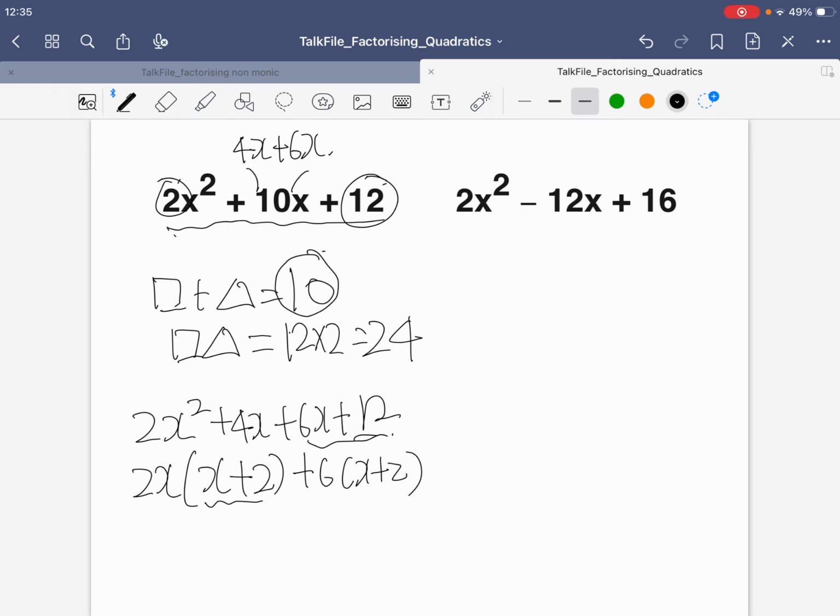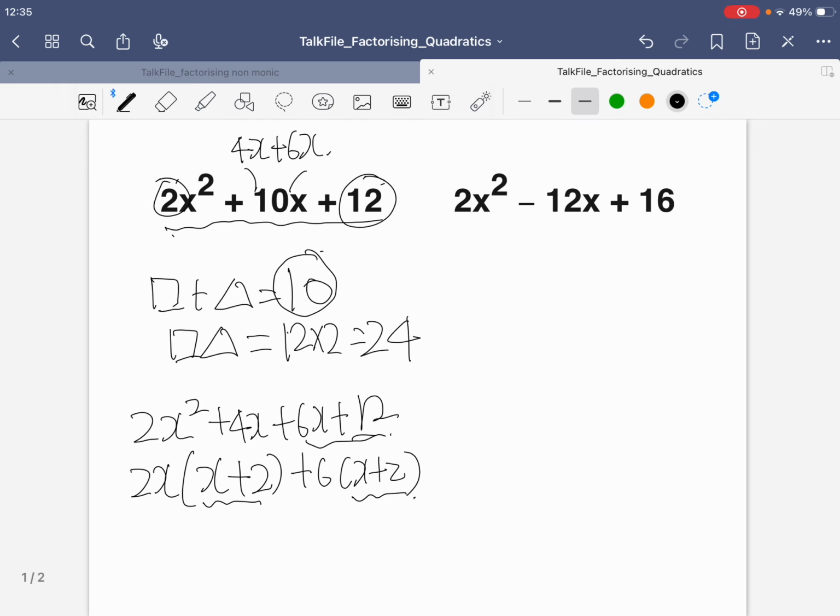If you see the same binomials here, then you're on the right track. So it will be 2x plus 6 and x plus 2. You can simplify one step further, if you can see the common factor in this simplified form. So this is not 100% simplified actually. If you take out 2, then x plus 3 and x plus 2.